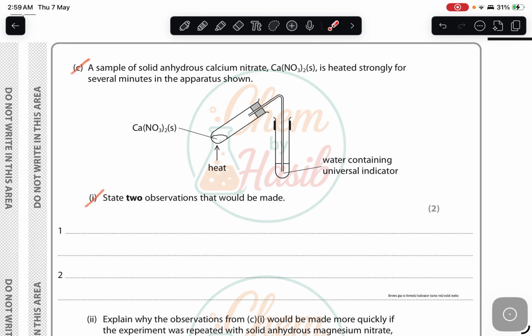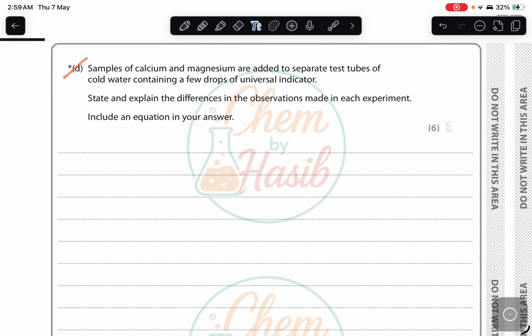Then we move on to question number D. Question D says samples of calcium and magnesium are added to separate test tubes of cold water containing a few drops of universal indicator. State and explain the difference in the observation made in each experiment. Now when calcium reacts with water, there will be effervescence, because calcium reacts with water to form calcium hydroxide and hydrogen gas.